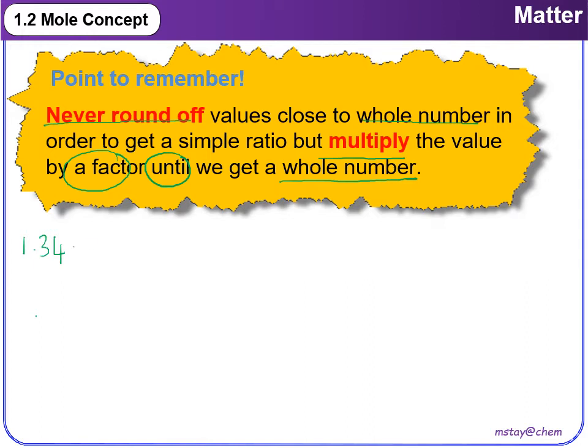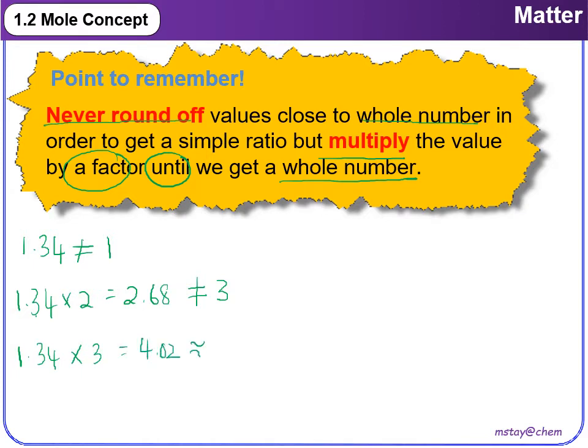We will not round off to 1, but we need to multiply by a factor. Let's start with the smallest factor, which is 2. We will get 2.68, which we also cannot round off to 3. Then if 1.34 is multiplied by 3, we will get 4.02. In this case, we can round off to 4.